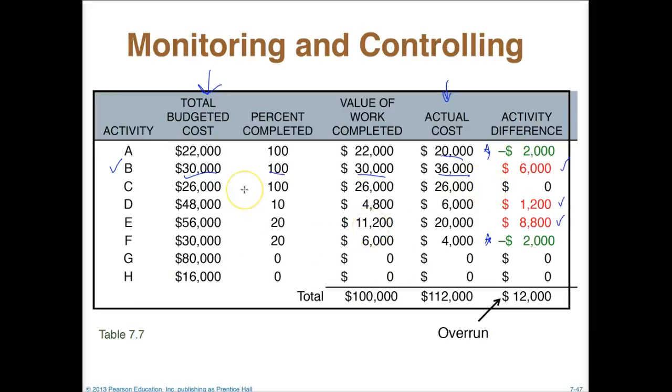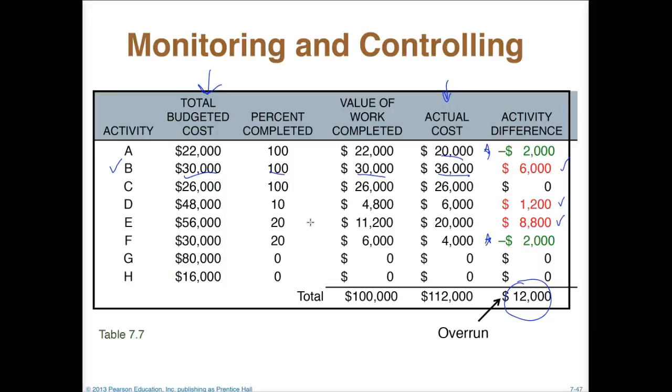So in looking here, we can get an idea of, in general, how much we're overrunning. And then, of course, with the amount of weeks left in a project, we could look at some activities and say, all right, is there a way for us to cut cost here so that we can still stay within budget?